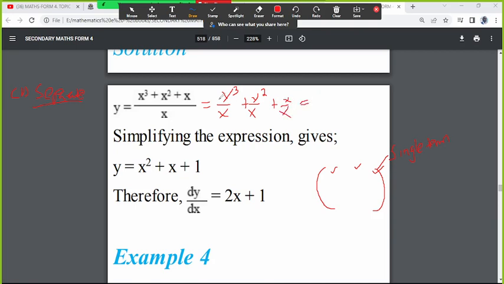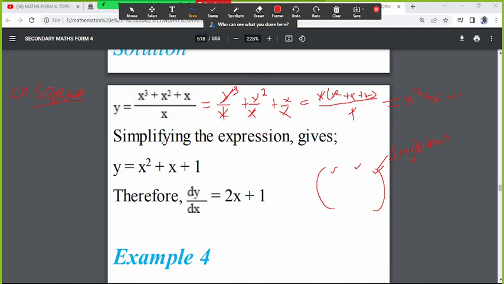Alternatively, you can go to the numerator and factor out what is common. x is common. If we take out x, what will remain is x squared plus x plus 1 over x. So this x and this x will cancel, and we remain with x squared plus x plus 1.